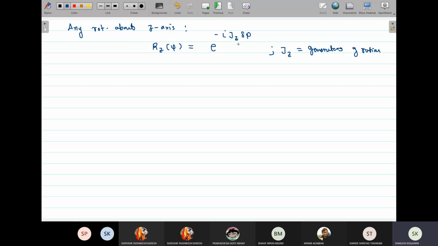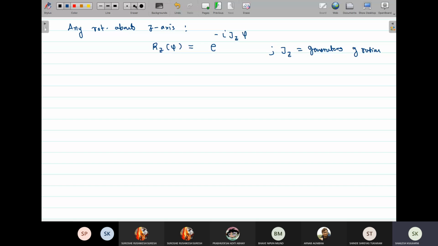It should not be delta phi, it should be phi there, because I am taking delta phi tends to 0 and n tends to infinity. So any rotation matrix can be obtained if you know Jz.